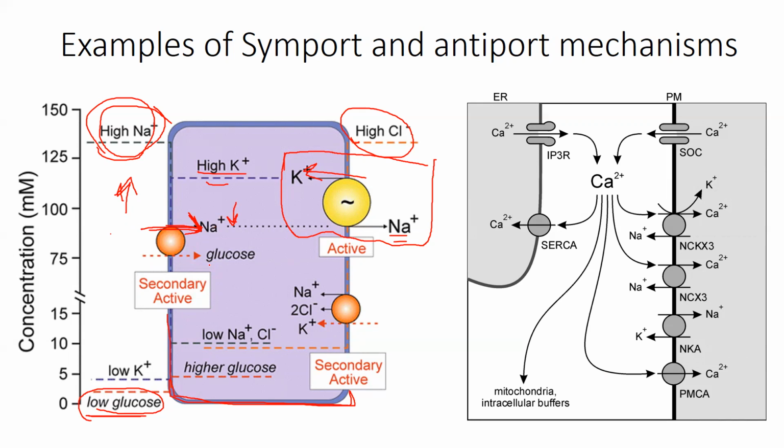Along with it, it is going to move another molecule, which in this case is glucose, against its concentration gradient, because you can see that we have low glucose outside compared to inside, where there is higher glucose. Despite that, it will move glucose from outside to inside. In this case, as you can see, the arrows are both pointing to the inside. Which type is it?